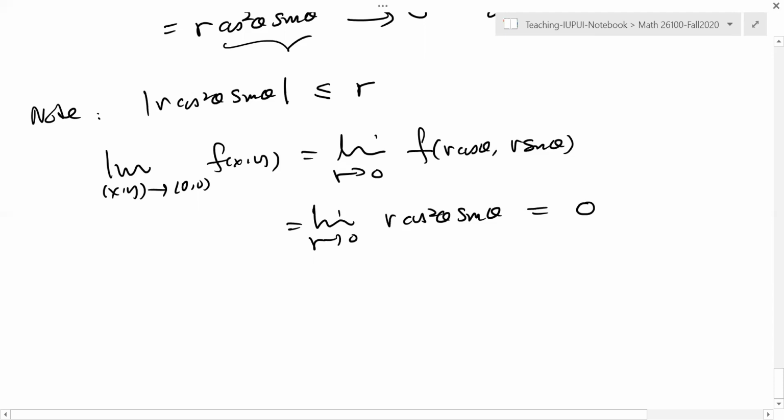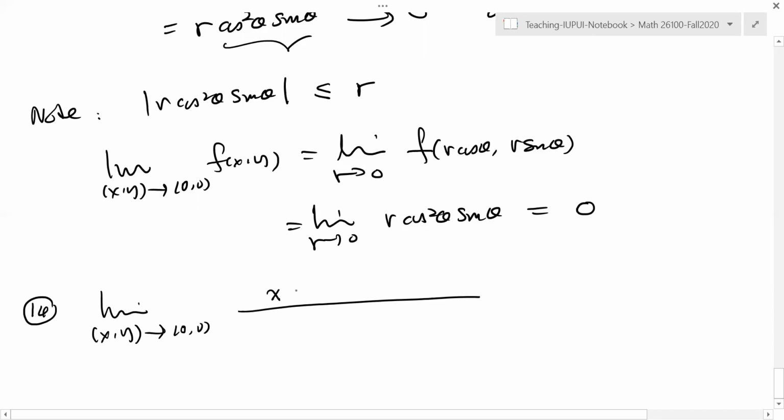Let's look at one problem from the book exercise, number 14. Again, the limit of x cubed minus y cubed over x squared plus xy plus y squared.